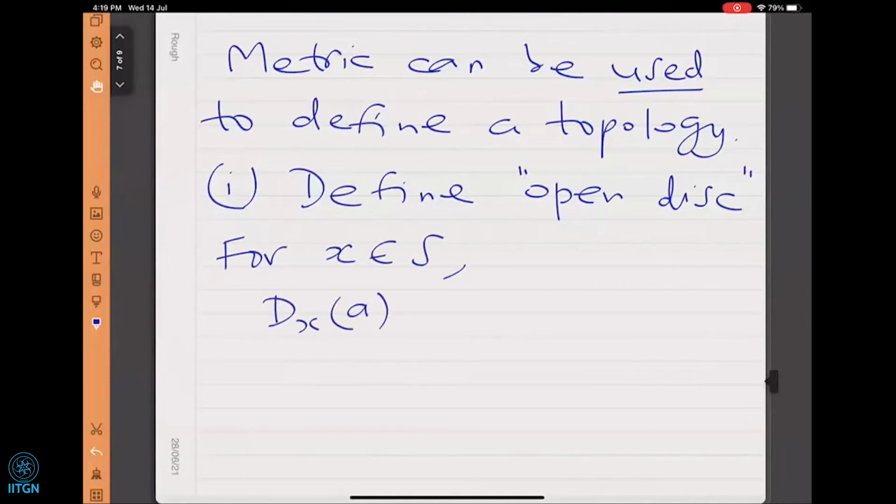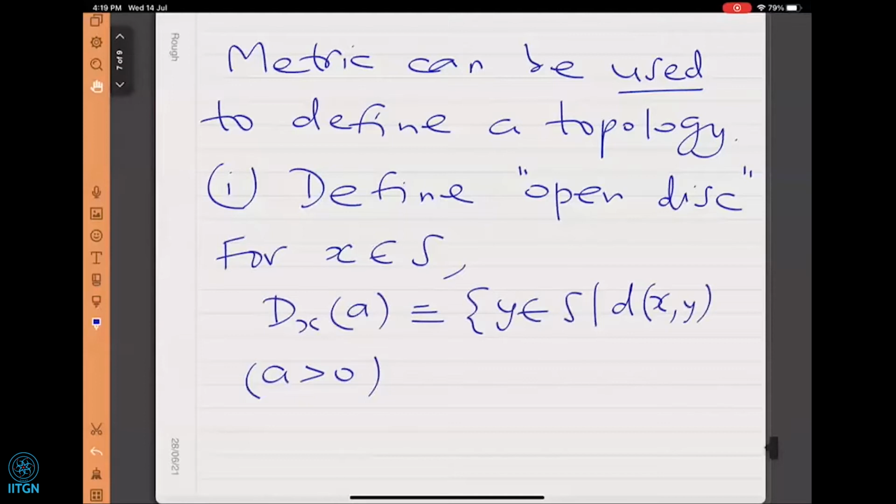So a is a real number greater than 0. x, on the other hand, is an abstract point in S. So this is defined to be the set of all points in S such that the distance of that point from x is strictly less than the real number a. Remember, distance was a real number, so I can compare it with the number a. So basically, the open disk is all points closer than the value a to the given original point.